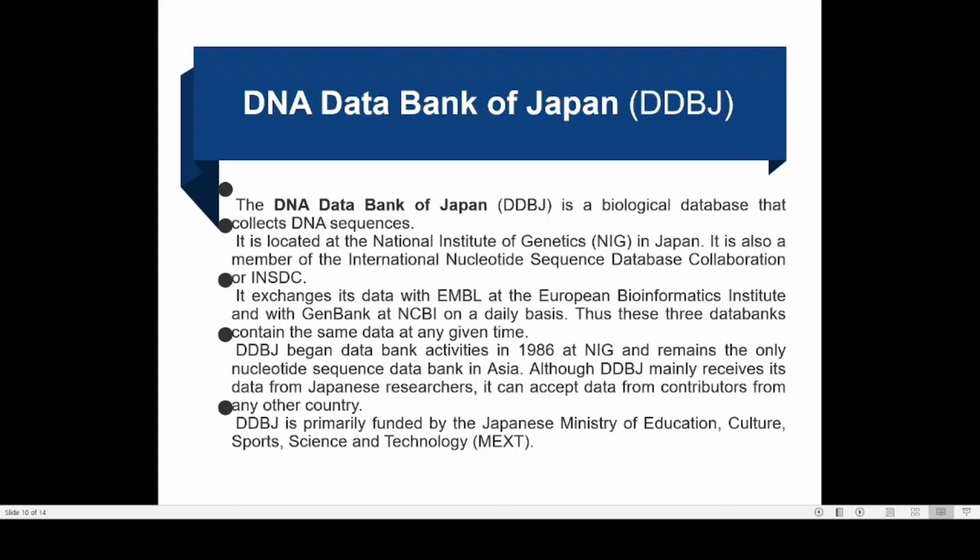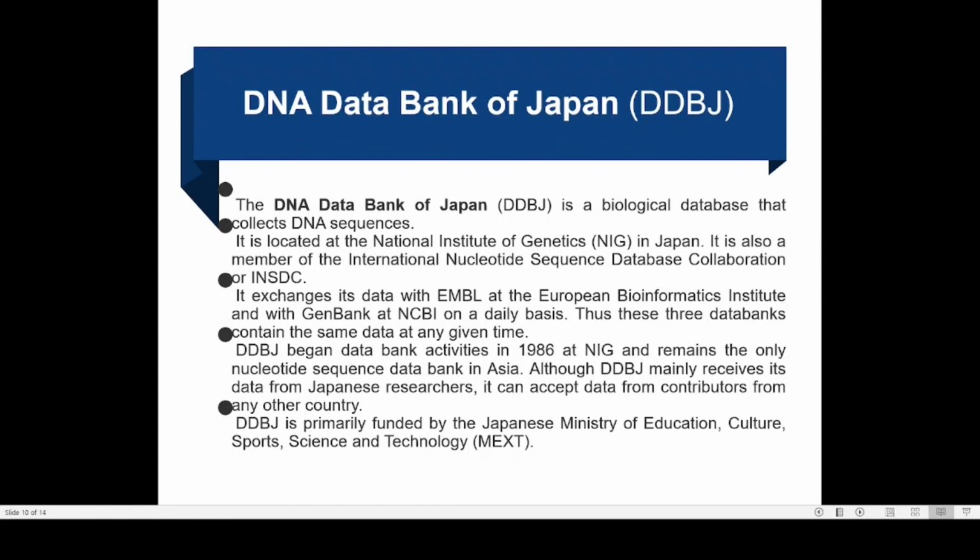I think this is the technique for searching. Since I am not very familiar with DDBJ, I don't know which is the page to submit. We can see that the page is not available now. But DDBJ is actually a database operated by the National Institute of Genetics in Japan.